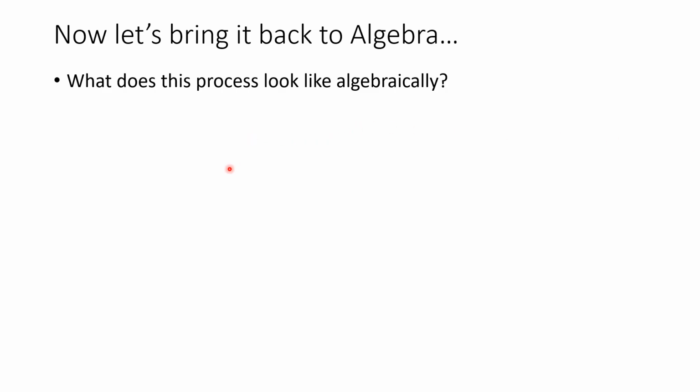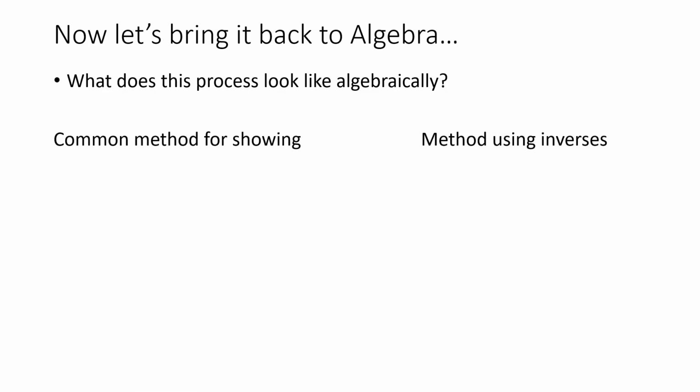Now, let's bring it back to the algebra here. So we're going to go back to that original problem, and I'm going to show you 2 different ways of showing it. So the original problem was 7x plus 3 equals 4x minus 9. And the more common way kind of goes along with the illustration that I did, where we had takeaways and we were essentially subtracting.